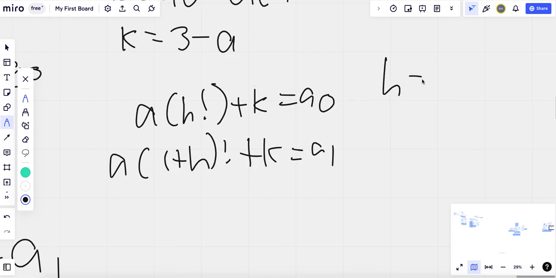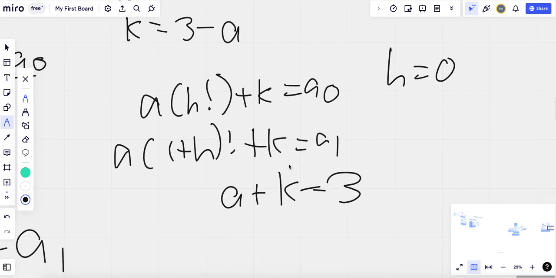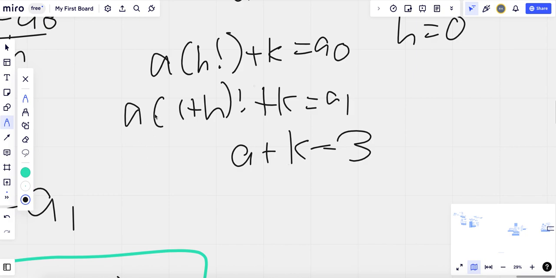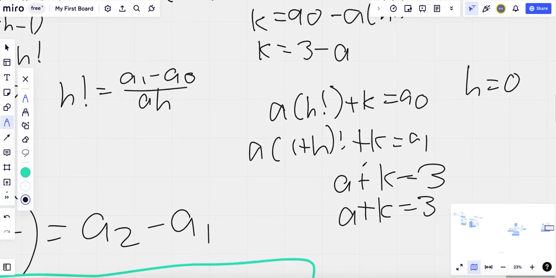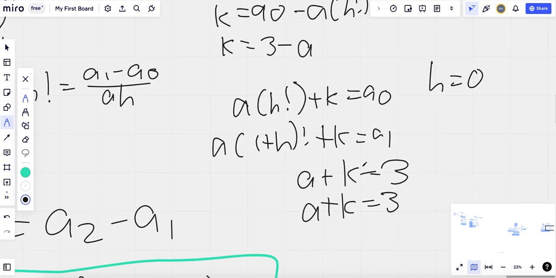And we know that h equals 0, so that means that this is just A plus K is A0, which is 3, and this is 0 plus 1, so 1 factorial, so 1. So we have A plus K is equal to 3. And we can see here that this system of equations was not very helpful because we just got two things which are exactly the same.